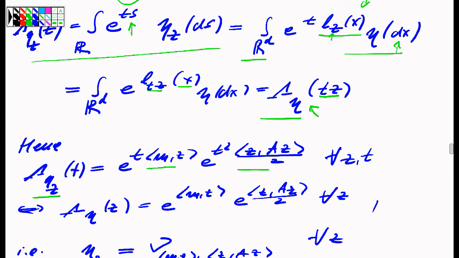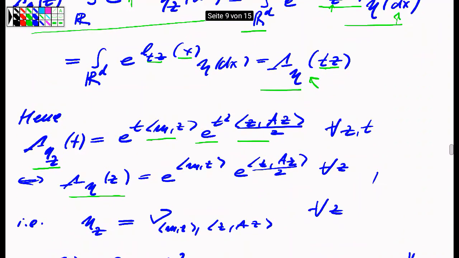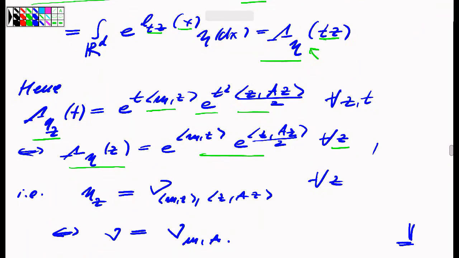of which we read off immediately that eta_z, by the application of the Laplace transform to one-dimensional Gaussian measures, is the Laplace transform of a one-dimensional Gaussian measure with the corresponding specification, then this is the same as saying that the Laplace transform for the initial measure on R^d is given in this form, which tells us, since this is correct for any z, that this measure must be a d-dimensional Gaussian measure.